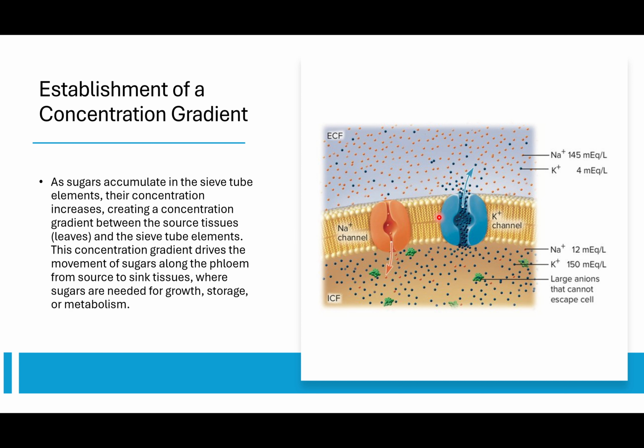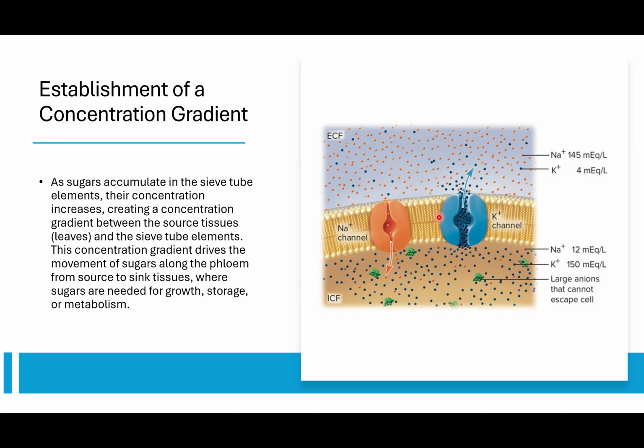So the amount of sugar in the sieve tube element is more than what's outside of it, and that creates a gradient between the source tissues, which are the leaves, and the sieve tube elements. So this concentration gradient drives the movement of sugars along the phloem from source to sink tissues, where sugar is needed for growth, storage, and metabolism, right?